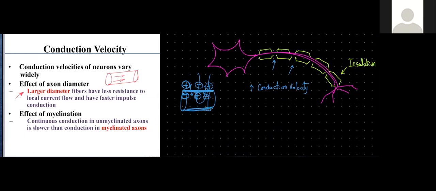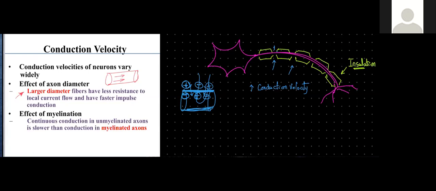If I told you that this is an insulator, will it allow electricity? The myelin sheath. If I'm telling you that the myelin sheath is an insulator, will it allow electricity to be conducted? No. It won't allow electricity to be conducted.